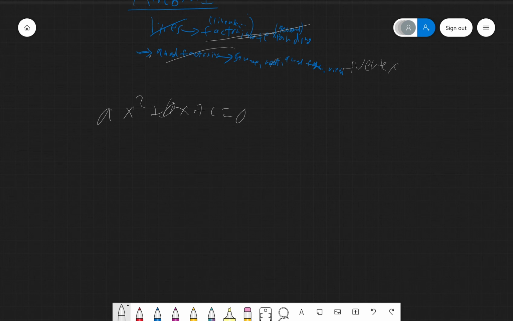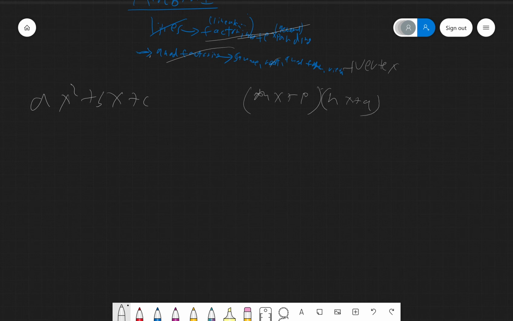Completing the square is a cool tactic. Remember a plus b whole squared, right? So there are 3 forms of a quadratic, right? There's ax squared plus bx plus c, which is standard form, and there's factored form, which is mx plus p times nx plus q.